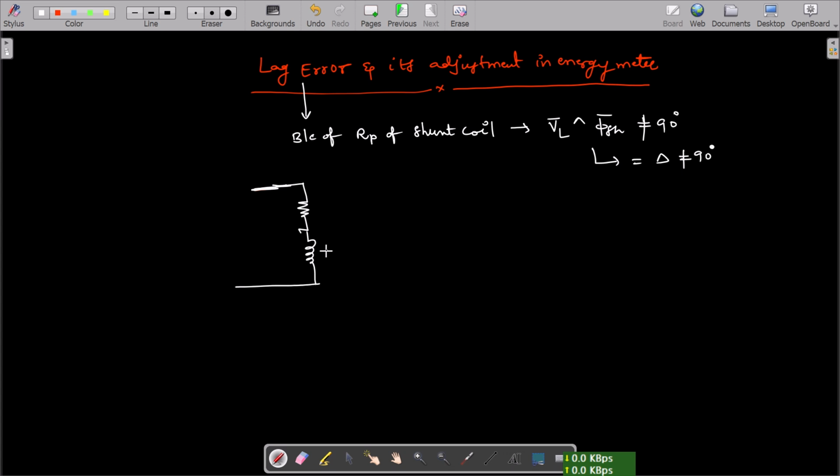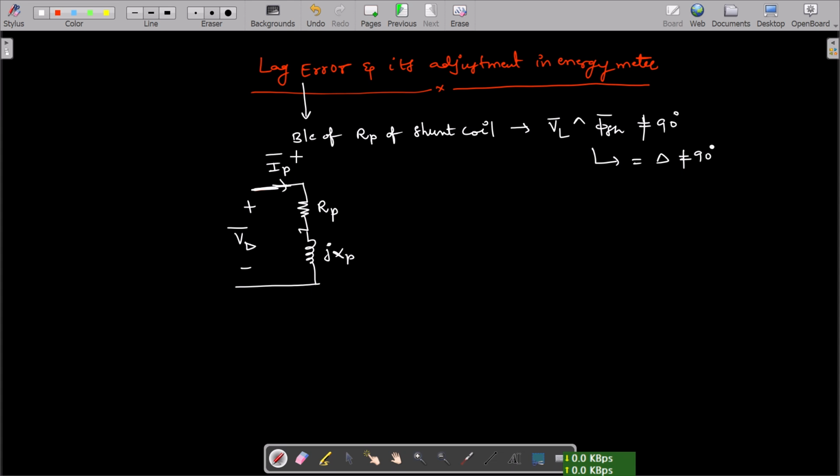This is jXp and this is Rp, and in the pressure coil we are going to have some current Ip, and the voltage across this shunt coil will be VL because it is connected across the load. The same voltage is applied.